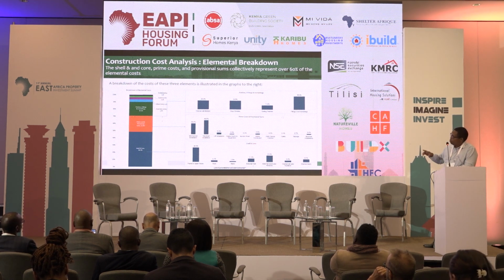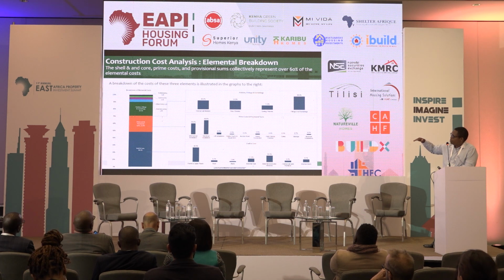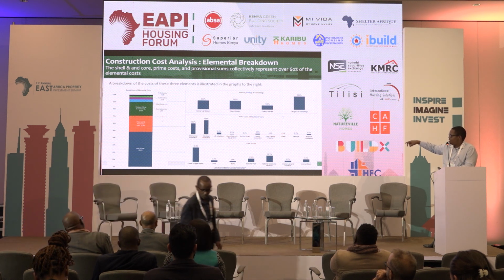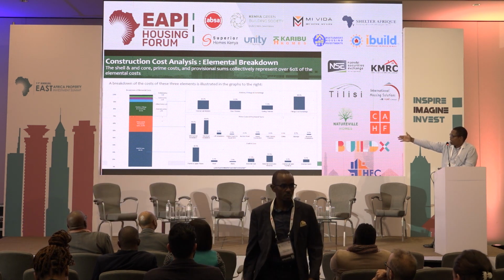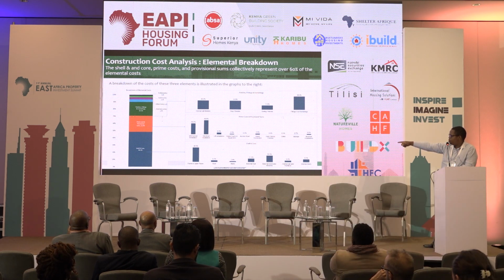And then a different way of looking at it, we wanted to also see what the elemental breakdown is in terms of the different works. So from the shell and core, provisional sums, furniture and fittings, we then broke that down into further smaller pieces. Of course, in the shell and core, the substructure and superstructure account for the highest portion.